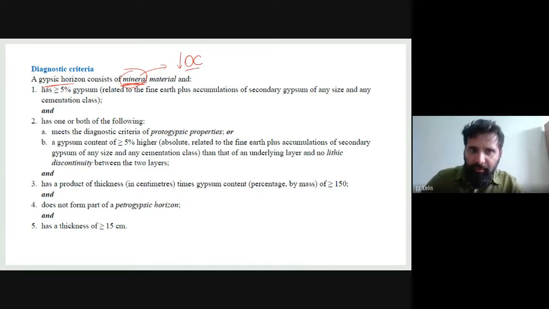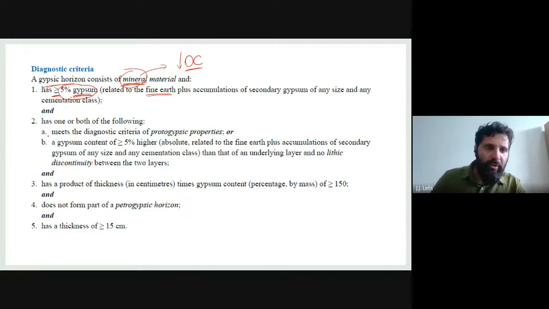So the organic carbon is lower than 20%, okay? We have at least 5% of gypsum in the fine earth. So we can see in this horizon a high content of calcium sulfate.